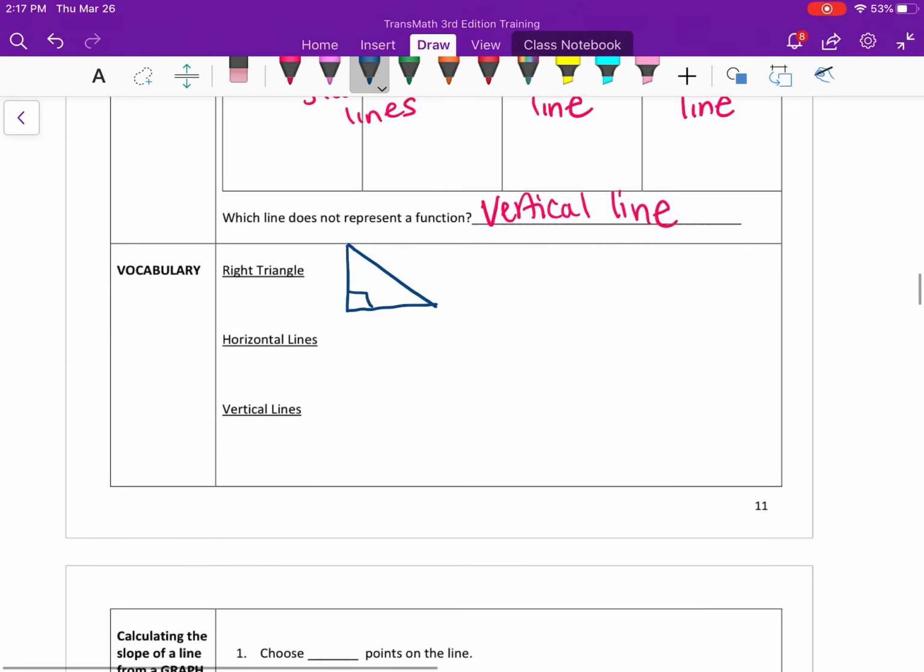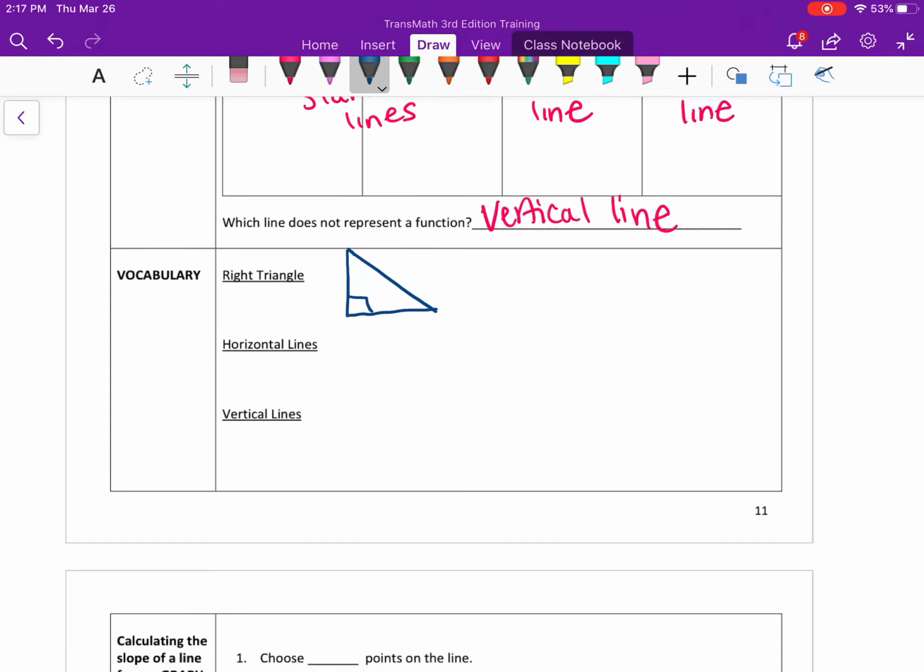Horizontal lines are in the form of y equals a number, like we'll just call it number b, like y equals 3. So horizontal line at 3. Horizontal lines have a slope of 0.